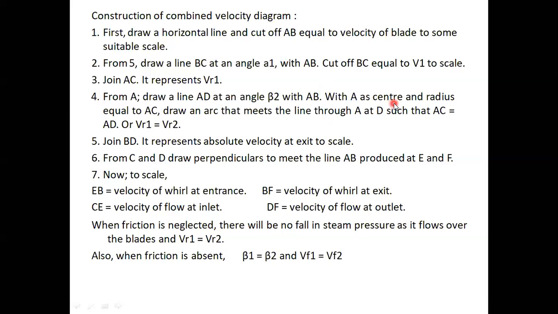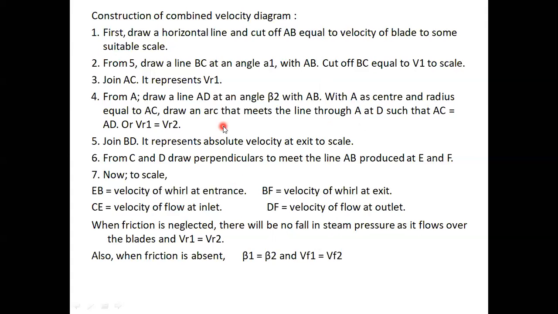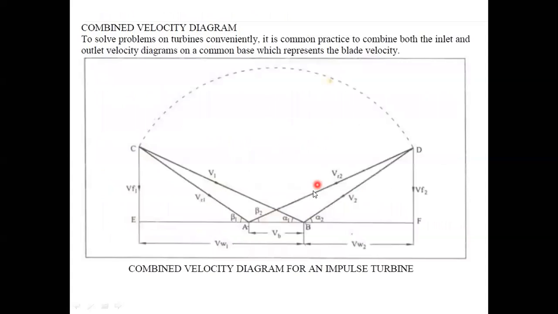Then with A as the center and radius equal to AC, draw an arc through A at D. Means from a point, take this distance like that.